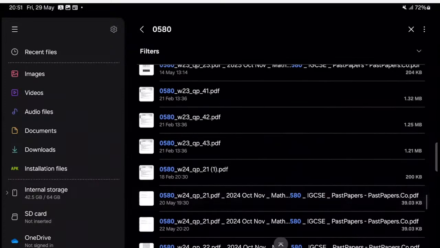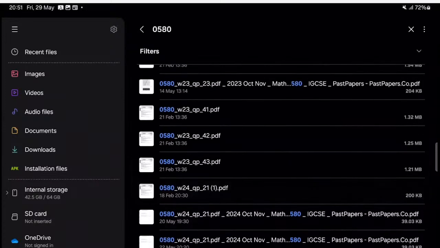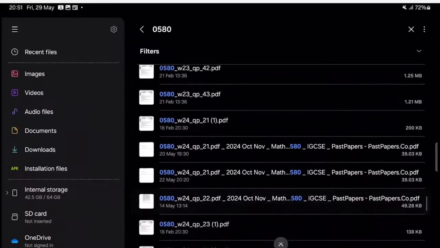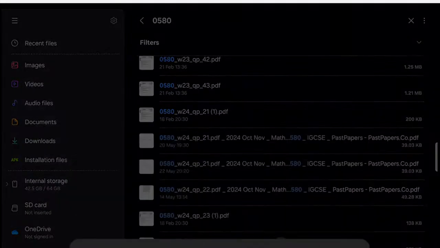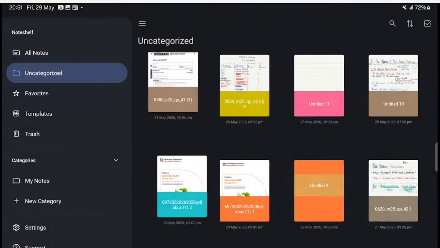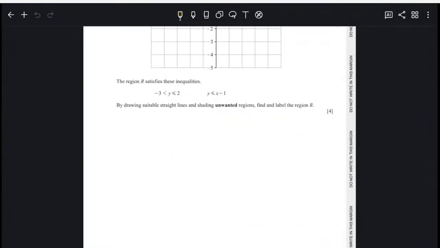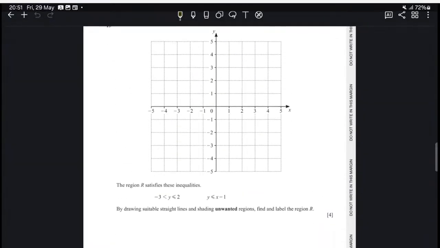Right. Is it this one? Is it a full paper? Oh, this is not a full paper.